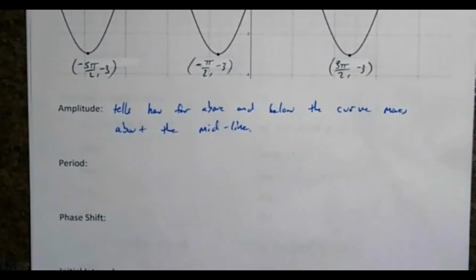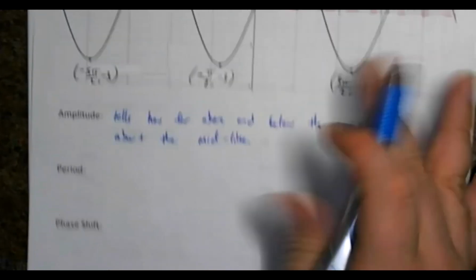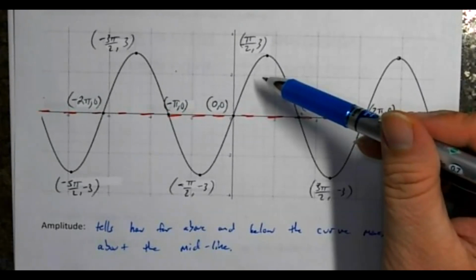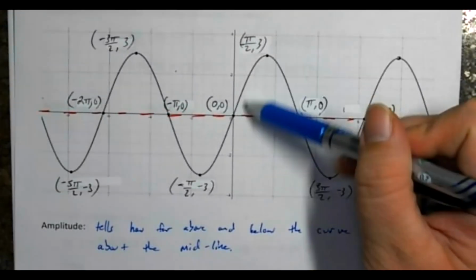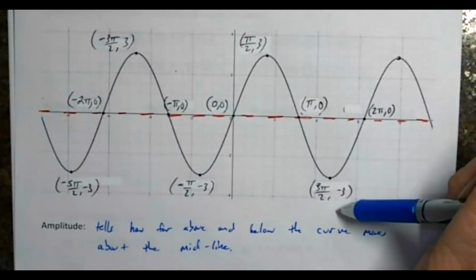My amplitude is 3. I went all the way up to 3 and I went down to -3. If my amplitude was 4, instead of stopping at 3, I'd go up to +4 and down to -4.